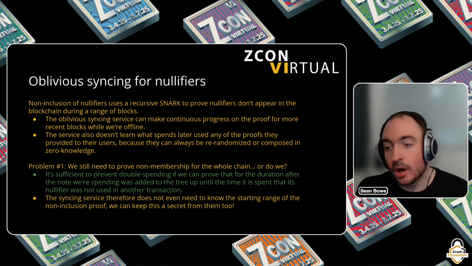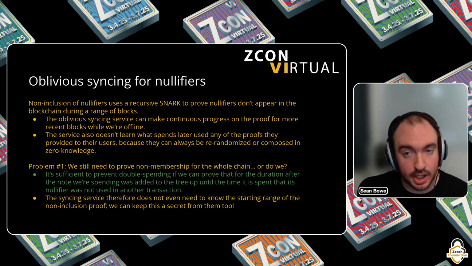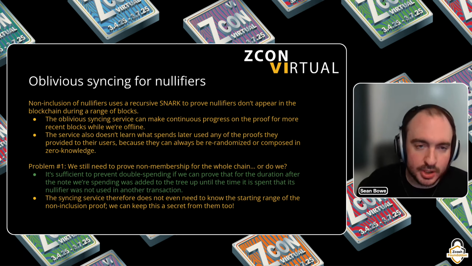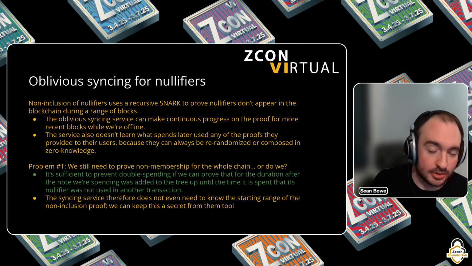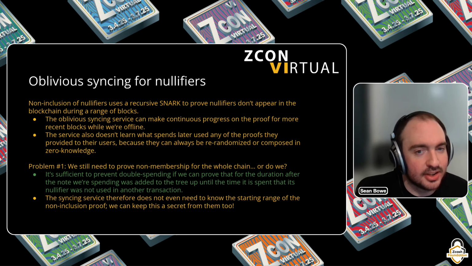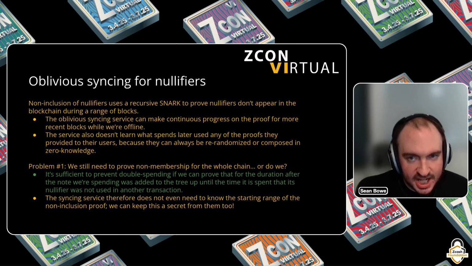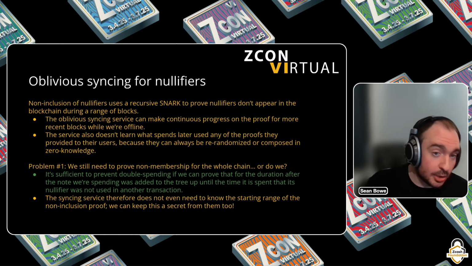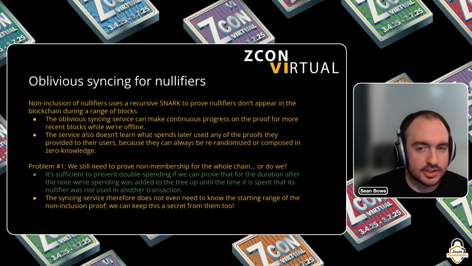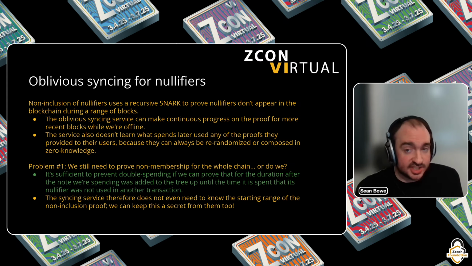So there are a couple of problems with this approach as well. The first problem is that, well, I mean, it's the same problem. We still have to prove non-membership of a nullifier for the entire history of the chain, which would mean that these Oblivious Syncing services would have to maintain and process requests over the entire history of the previous nullifiers, which is part of the problem that we're actually setting out to solve.